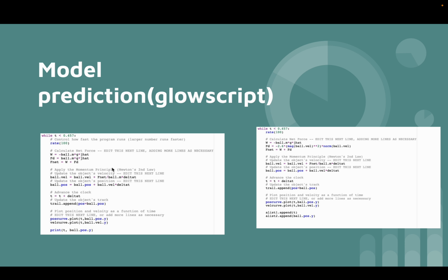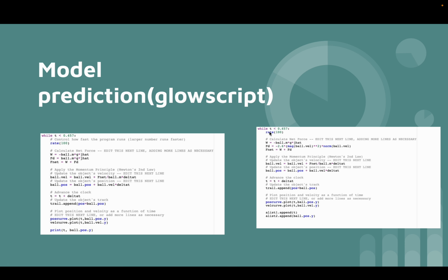And you can see that, as I mentioned before, I have an F drag force equal to mg times j hat, which is the y direction vector, because at this time F drag is equal to the weight and F net is equal to 0, and I update the ball's velocity and the ball's position.